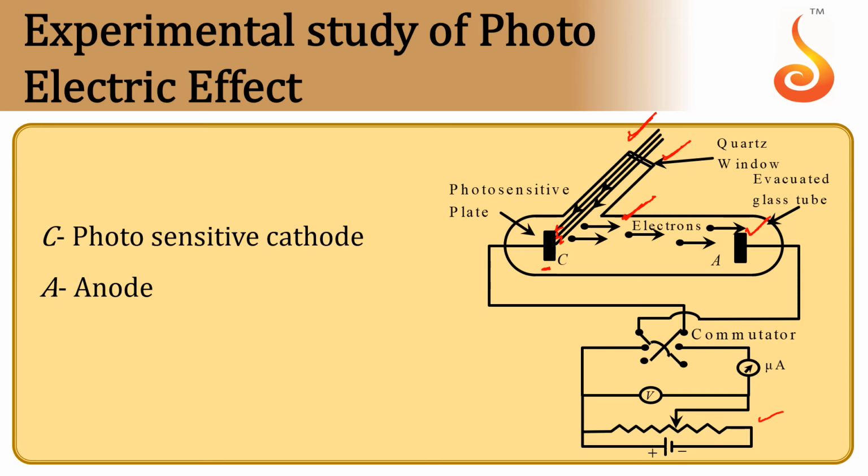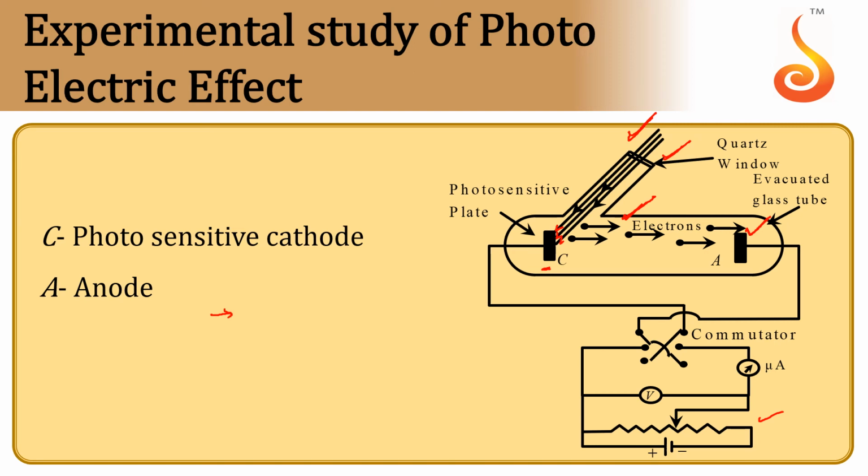When monochromatic radiation of suitable frequency falls on the plate C, electrons are emitted which are collected by the plate A. So a current called photocurrent, or photoelectric current, flows in the outer circuit, which is measured by the microammeter. From this experiment, Lenard and Millikan identified three important points.